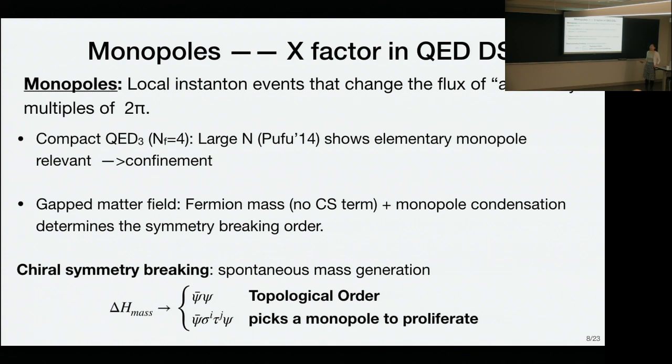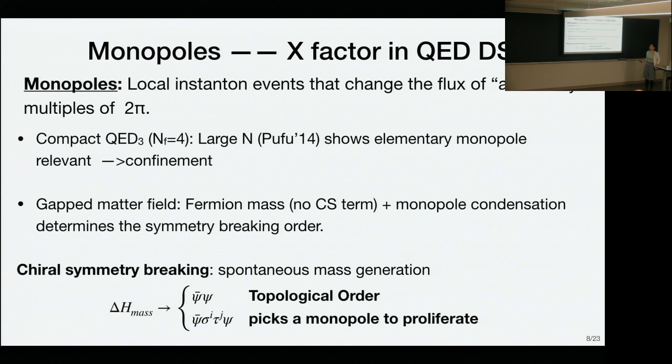The second possible scenario is that instead of chiral symmetry breaking, say by intrinsic instability or by the tuning of some parameters, we generate a mass for the fermion to gap the matter field. In this scenario, the low energy is a pure U1 theory.